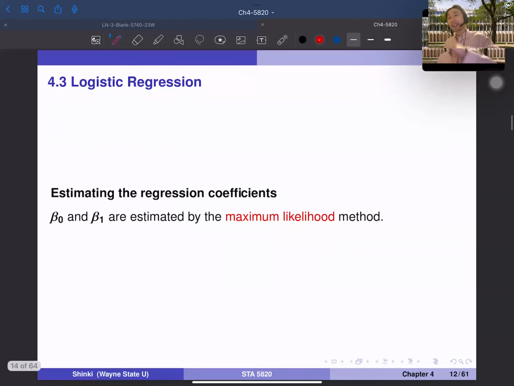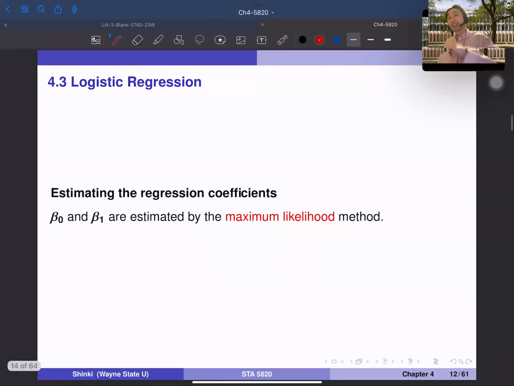So I would explain the idea of the maximum likelihood method. The maximum likelihood method is the general idea of estimation. And actually the least squares estimator for linear models is a special case of the maximum likelihood method.